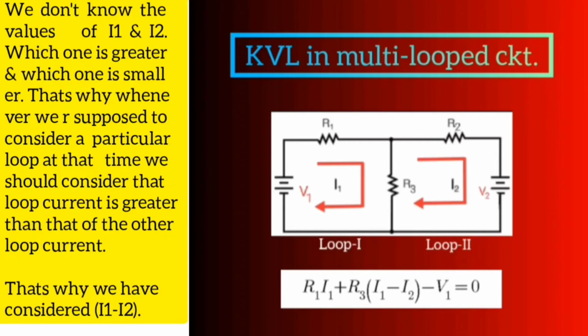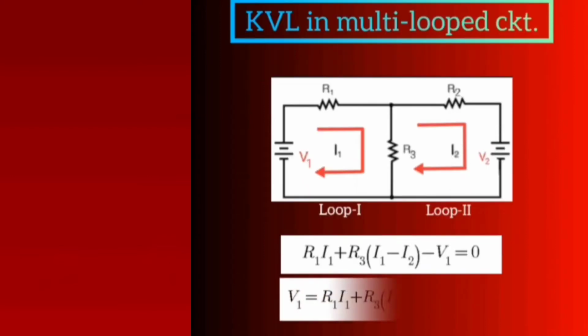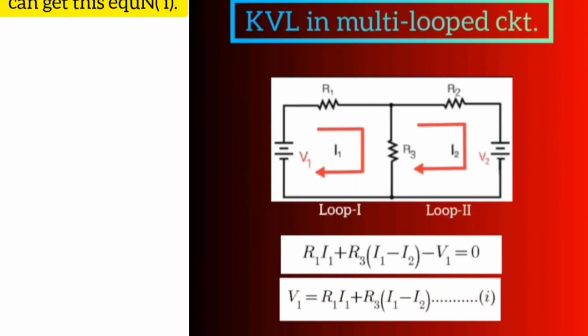We don't know the values of I1 and I2, which one is greater and which one is smaller. So whenever we consider a particular loop, at that time we should consider that loop current as greater than that of the other loop current. That's why we have considered I1 minus I2. And from there we can get this equation 1.